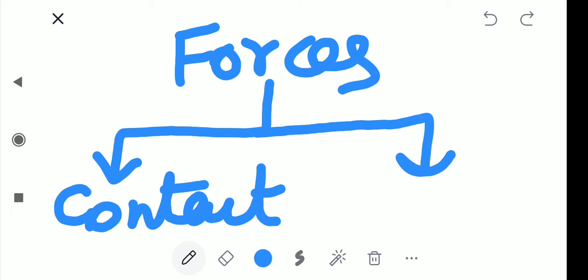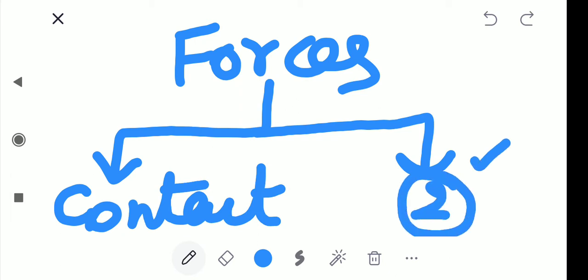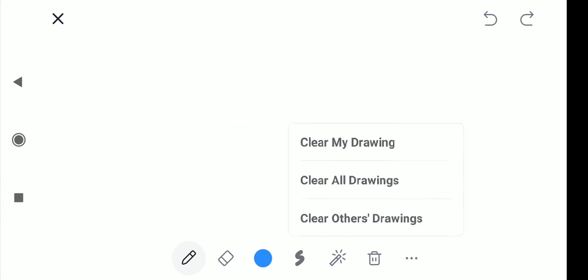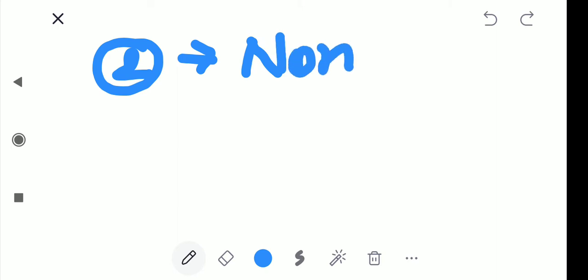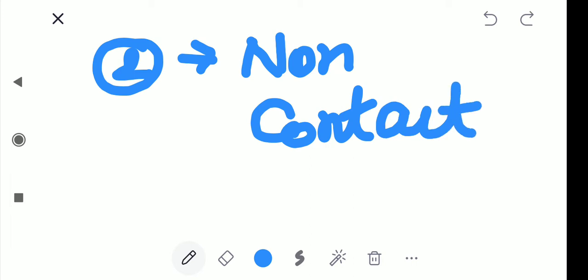The other has a big name, that's why I am writing the second one now. The second one is non-contact forces.